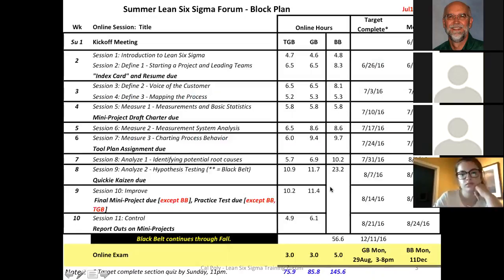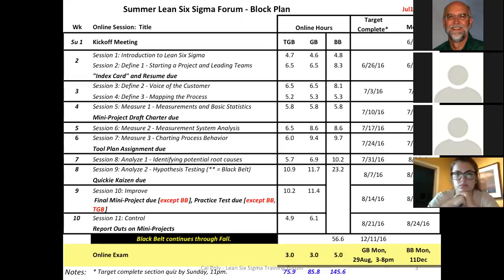You'll notice that over here, where we have our transactional green belts, our green belts, and our black belts, the black belt course actually diverges a little bit during this week's upcoming material. So the black belts go on to Analyze 2 hypothesis testing, and they've got a lot more material that they're going to cover.